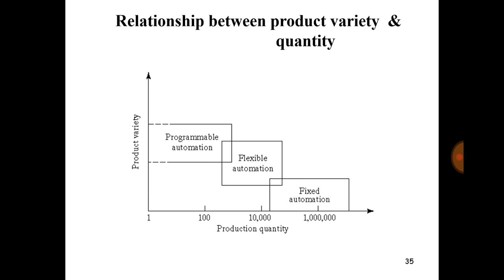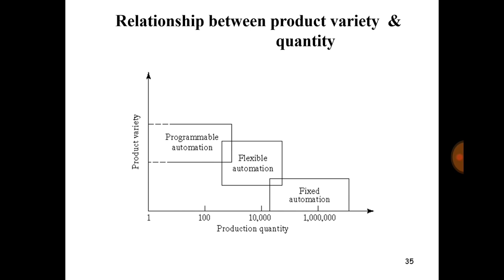At the left hand side at the top you can see programmable automation. Programmable automation is used when there is a lot of variety in the product and the product quantity is around 100. Flexible automation is in between programmable and fixed automation. When the quantity is around 10,000 and there is quite some variety in the product, you can use flexible automation.